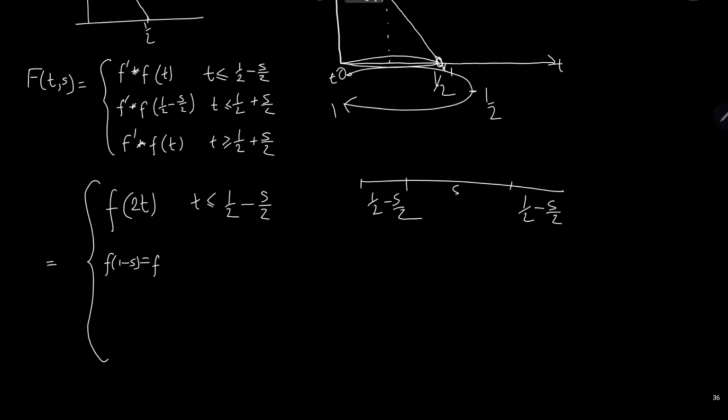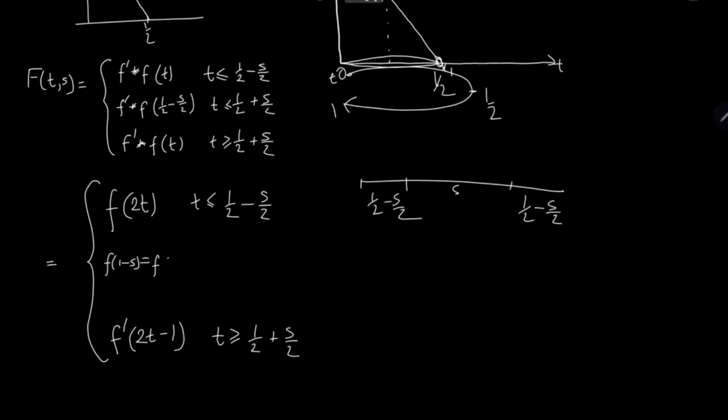So this is f dash of 2t minus 1 if t is greater than or equal to half plus s by 2.